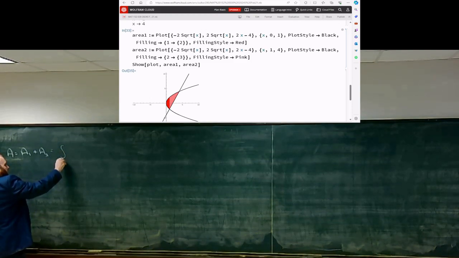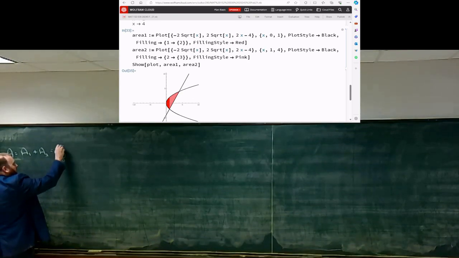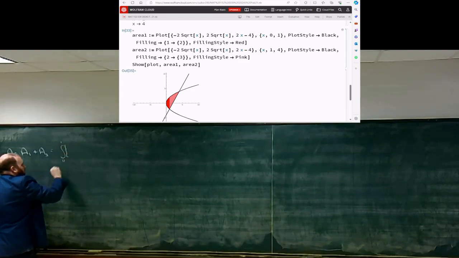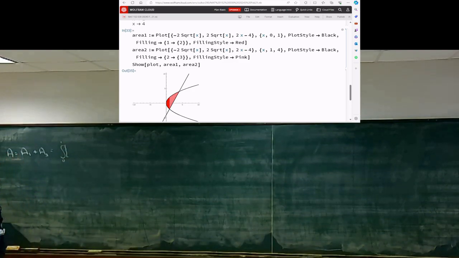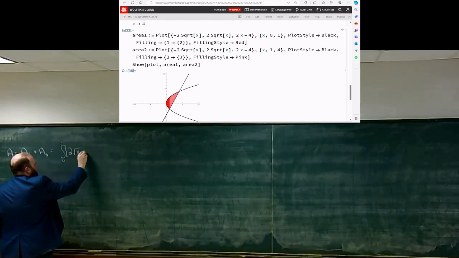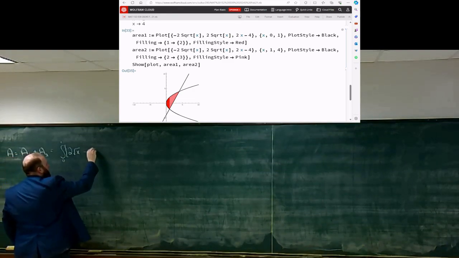It's 0 to 1. What's the larger function? 2 root x. What's the smaller function? -2 root x.